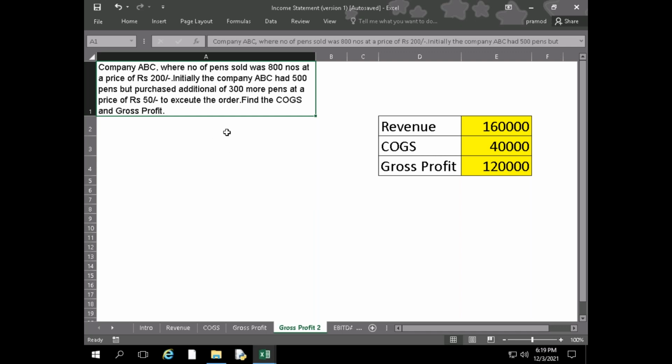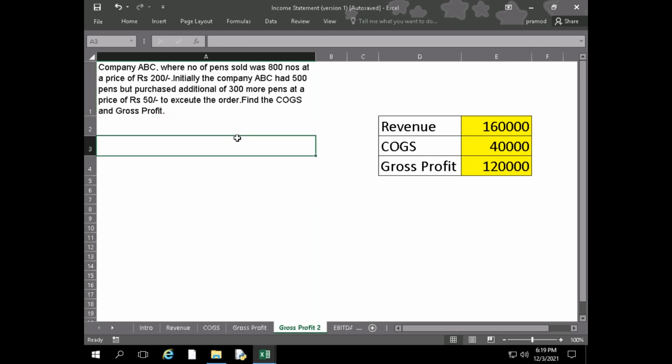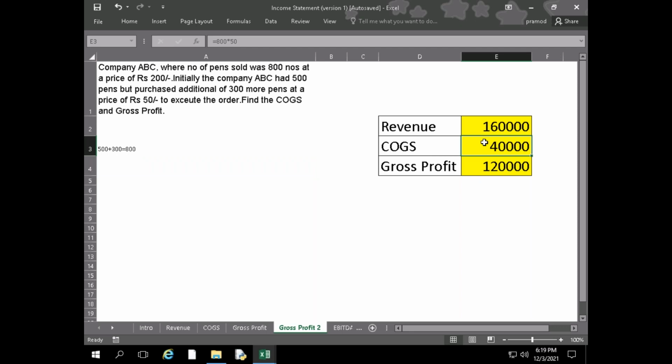So if you have the opening stock 500 plus an additional purchase of 300, that is equal to 800. Correct. So the purchase price is 50 rupees. Now total quantity, that is 800 into 50. That is your COGS, 40,000.